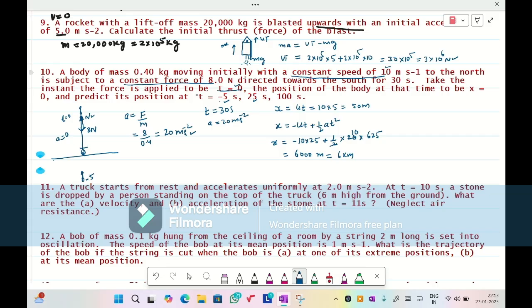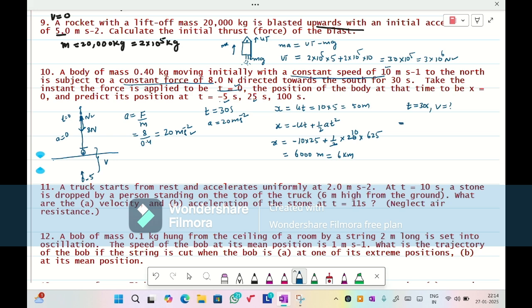So what happened? Force is not acting, right? The force is not acting, which means it will move again at constant velocity. So what is the constant velocity? After t equal to 30 seconds, what is the velocity? With this velocity it will move for the remaining seconds.